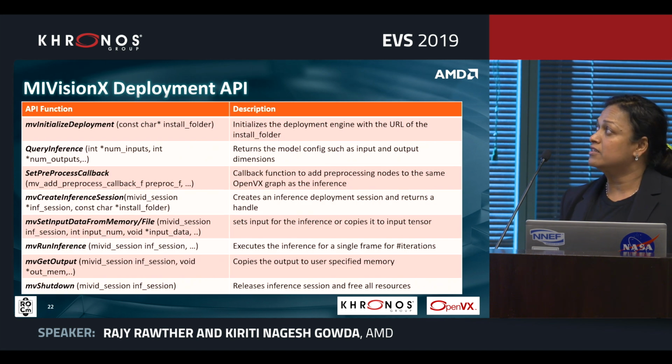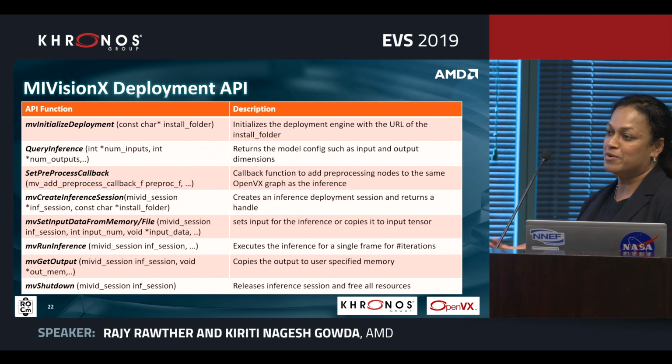These are some of the functions in the deployment API. These are actually generic functions. There is nothing connected to OpenVX in it, but in the back end we will have all the OpenVX stuff in the handle. Basically, you call initialize deployment with your install folder where you generated the library.